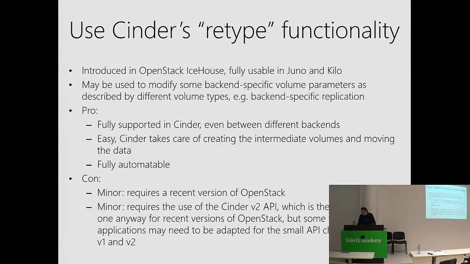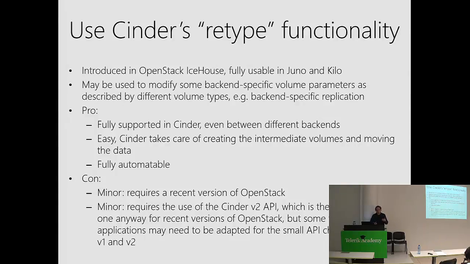And now in OpenStack Icehouse, there was a new method introduced, volume retype, and it is virtually stable in Juno and Kilo, and it is right now. Volume retype is absolutely the recommended way to let Cinder do everything for you. You can change parameters within a single backend.